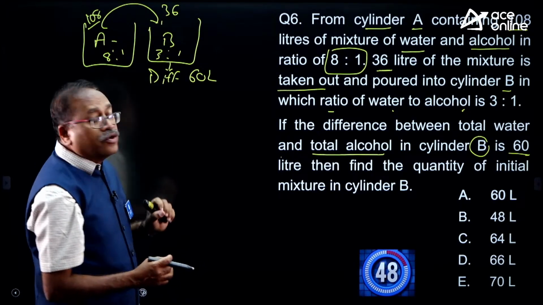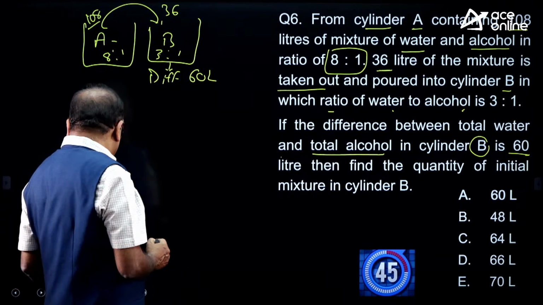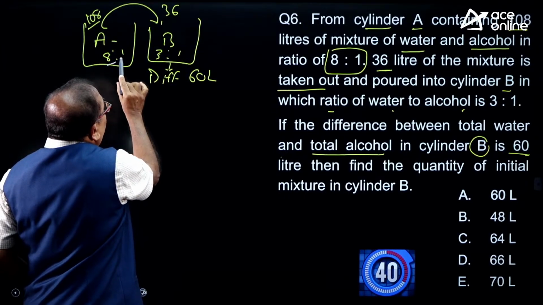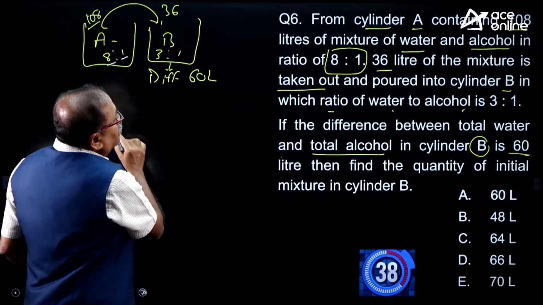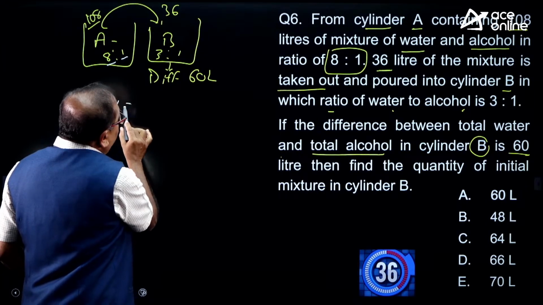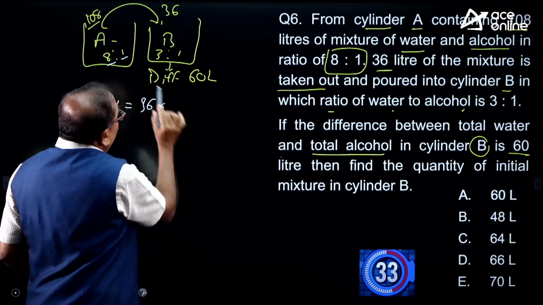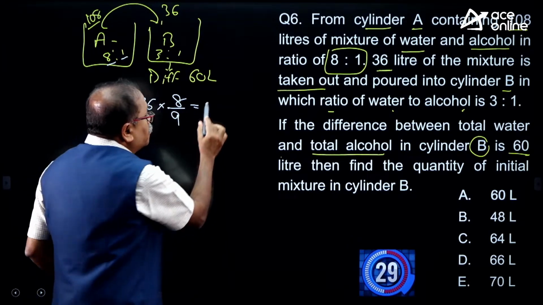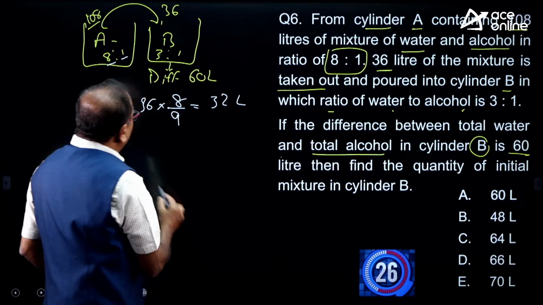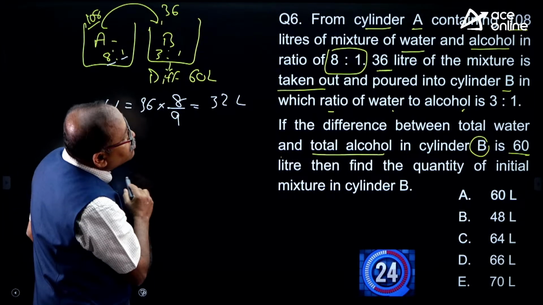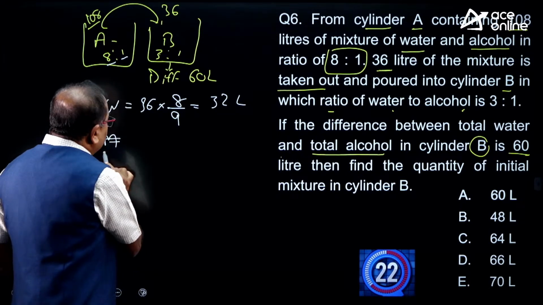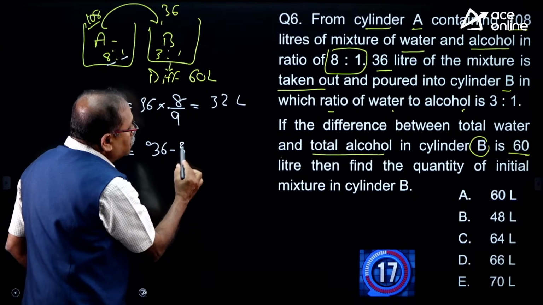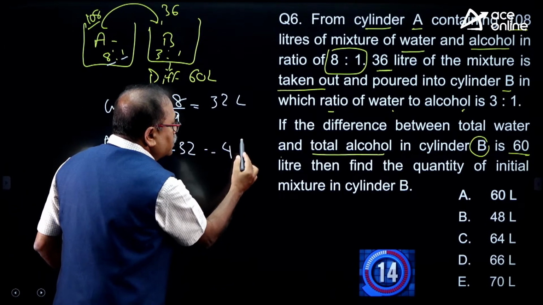How much water are you pouring? Out of 36 liters, how much water are you pouring? The ratio is 8:1, so the water is 36 into 8 parts out of 9 parts. So 4 times 8 is 32. So 32 liters of water, and how much will be the alcohol? 36 minus 32, and that comes to 4 liters.